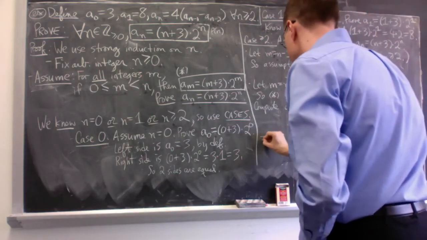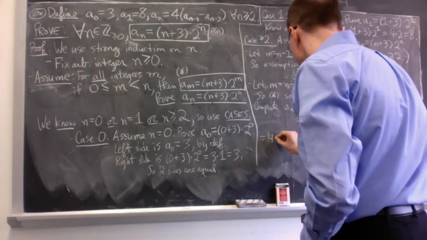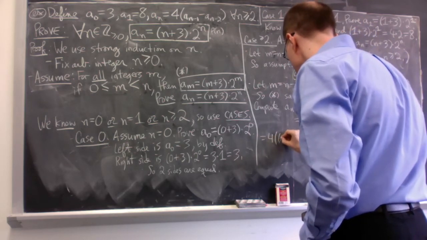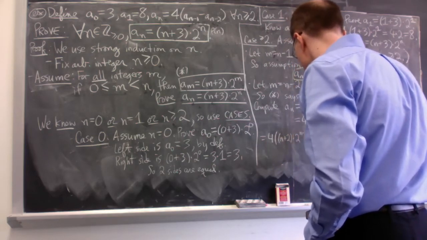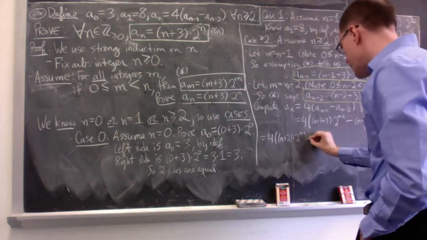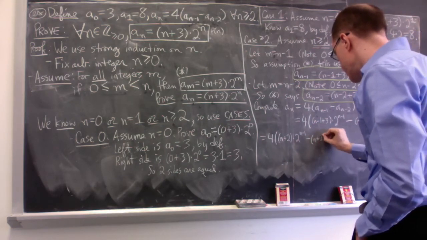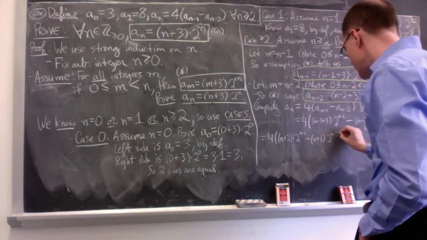All right, let's move here just to have some more room. Now we're going to start cranking out some algebra. So what do I get? I have n plus 2 times 2 to the n minus 1, minus n plus 1 times 2 to the n minus 2.